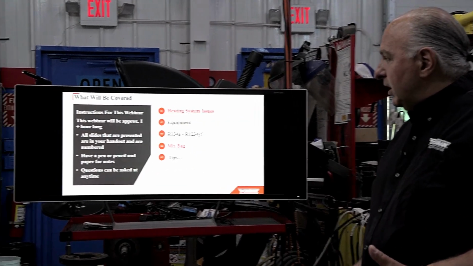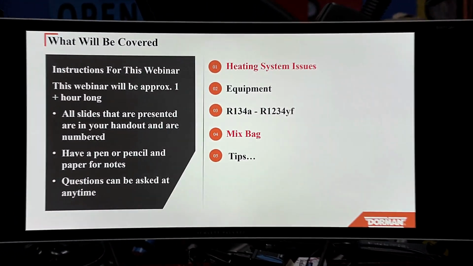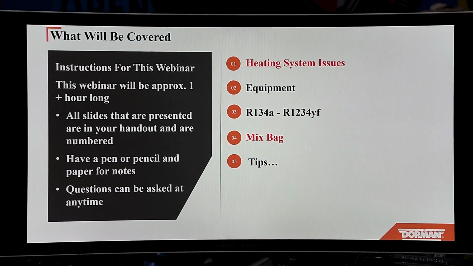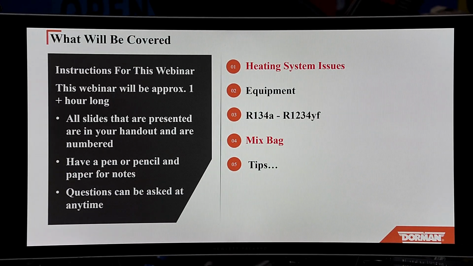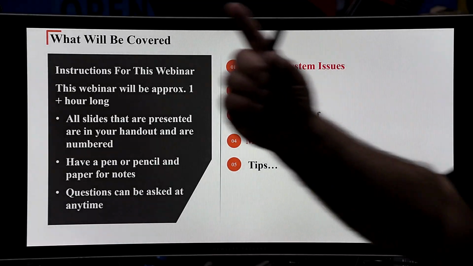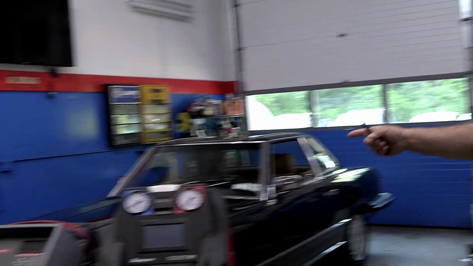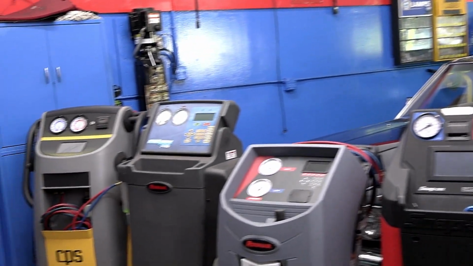And here's what we're going to cover. Heating system issues. Well, this is air conditioning. Well, it's really climate control, right? We'll talk about equipment, 134a, 1234yf, a mixed bag of stuff, and tips and tricks. And we'll go over this way and show you our air conditioning machines here.